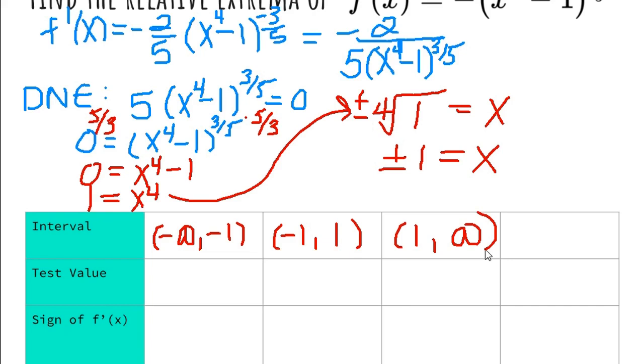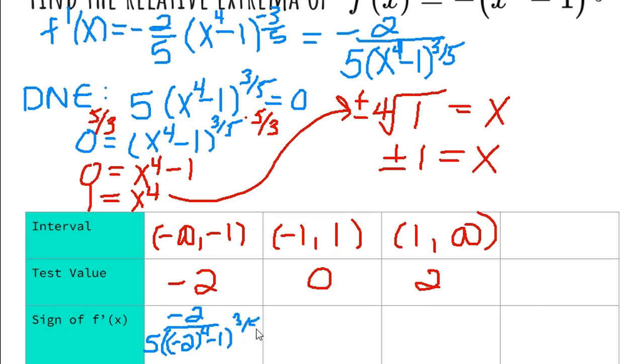And so now pick some test values, so maybe -2, 0, and 2. And I'm going to plug these into f prime of x. So on top, I'm always going to have a negative. And on the bottom, I have -2 to the 4th minus 1 to the 3/5.